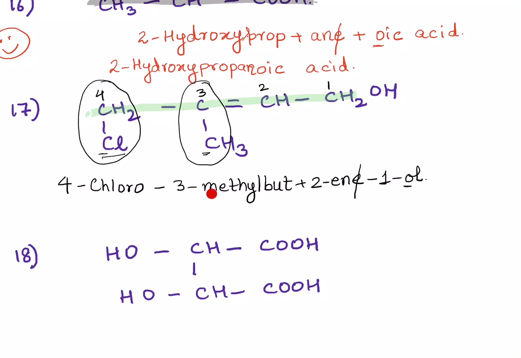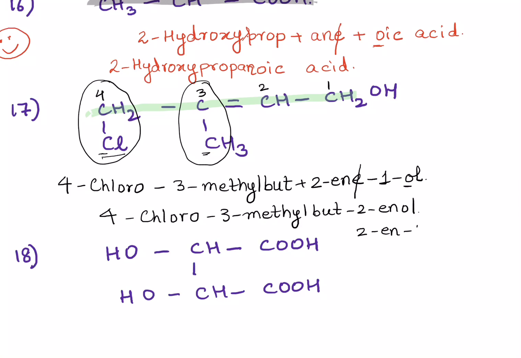Yes, this is C and this is M; we have to arrange them alphabetically, which we have done correctly. So 4-chloro-3-methylbut-2-en-1-ol, or you can write it as but-2-ene-1-ol. Both are accepted and are correct.